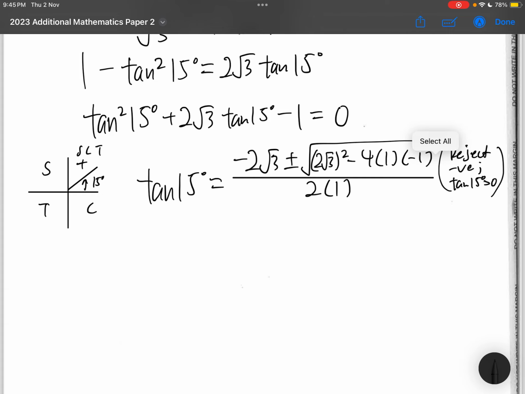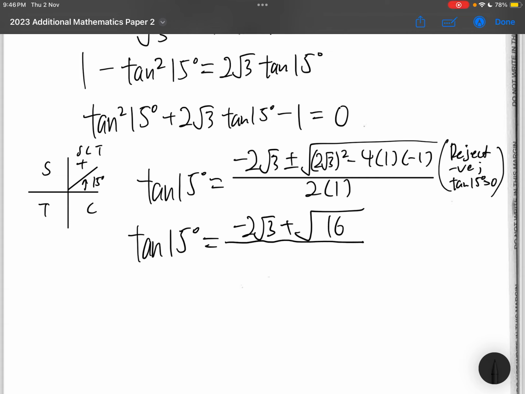So in the end, what we are left with is tangent 15 equals negative 2 square root 3 plus square root of, I can evaluate what is in the square root. Use your calculator. So in your square root, it should be 16. And 16 is a perfect square, so we can simplify that. Negative 2 square root 3, plus square root 16 gives you 4, over 2.